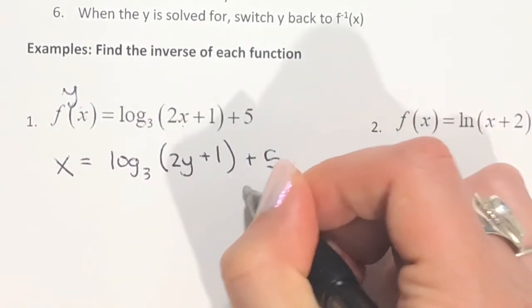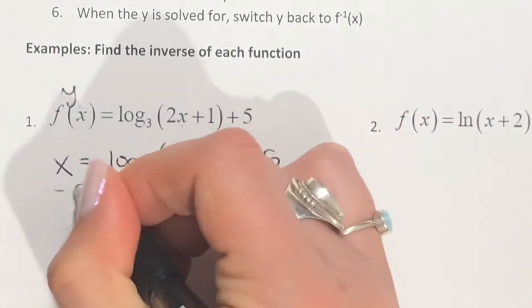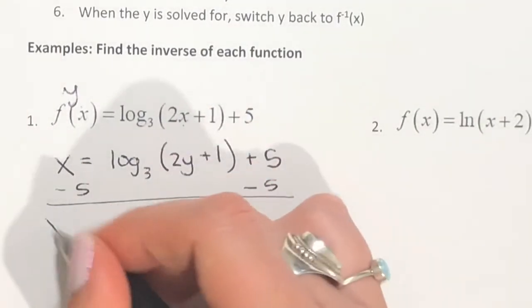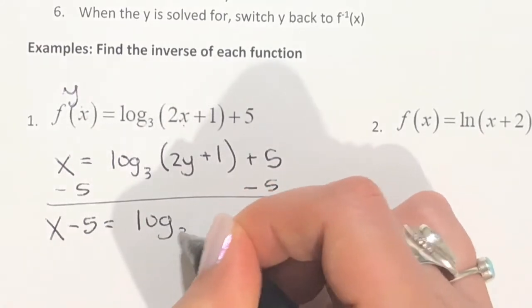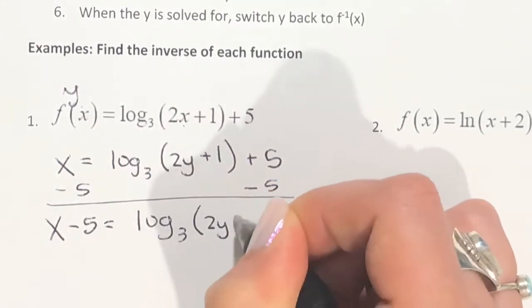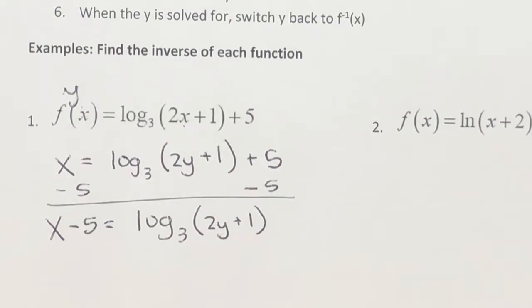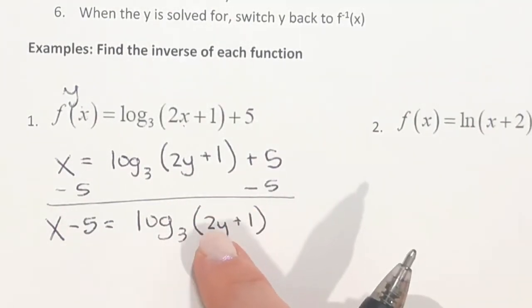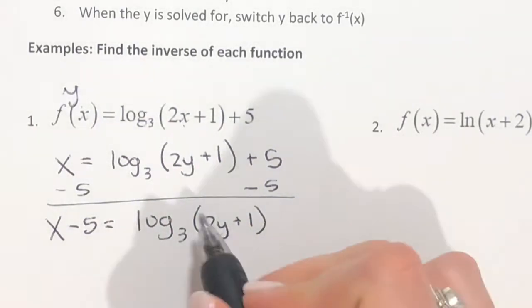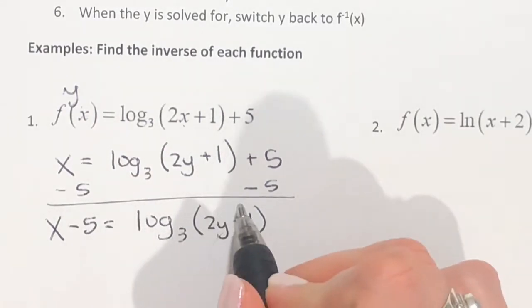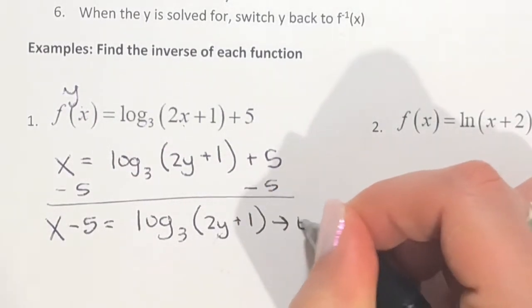We're going to get rid of this plus 5 first by subtracting 5, so that we're left with x minus 5 on the left side equals log base 3 of 2y plus 1. But since these are all inside the parentheses, I can't get to them while they're inside the log. That's when you want to switch to exponential form in order to get whatever is inside the logarithm out. So we want to go to exponent form.